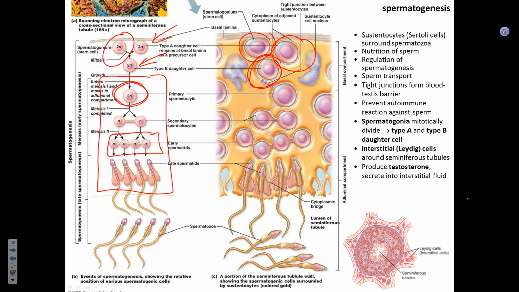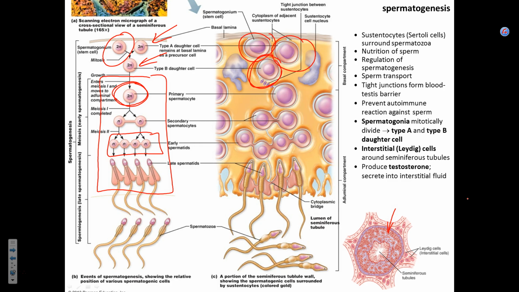And we also mentioned that sustenticides or Sertoli cells can be found inside of seminiferous tubules here. They facilitate maturation of sperm cells by guiding them through and nourishing them and preventing them from getting in contact with the blood.